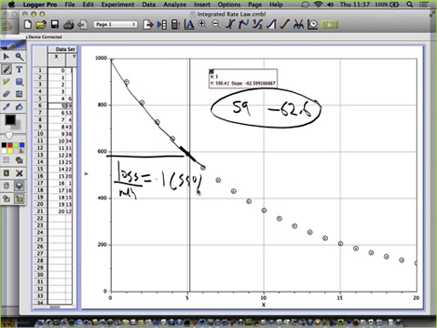You estimated that they lost $59. Logger Pro is saying the slope of that point is 62. The reason why they're off by a little bit is that you're taking over the time frame of a month. I am estimating the slope of the tangent line. And just as when you draw the slope of the tangent line, you can be off by a smidge, the same thing happens here.